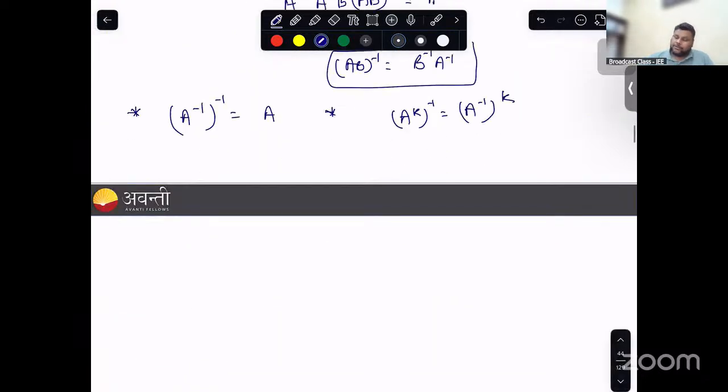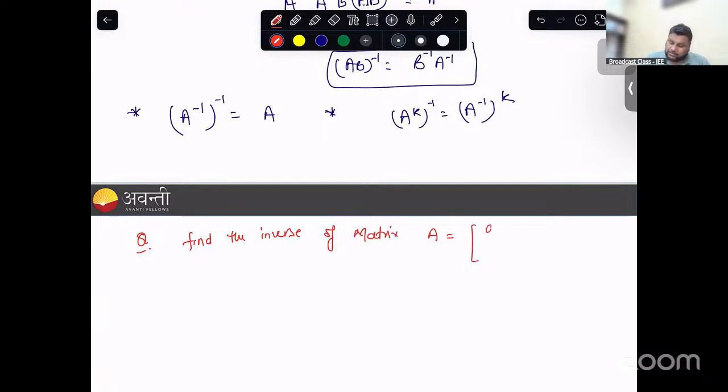Okay, write down a question. Simple, good question. Find the inverse of matrix A, which is A, B, C, 1 plus BC upon A, minus. Find the inverse of this matrix.